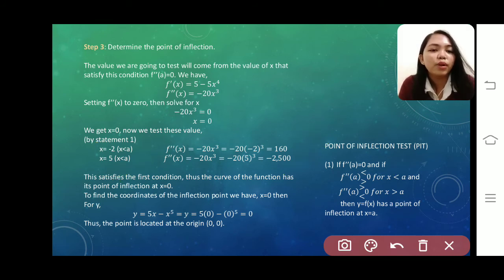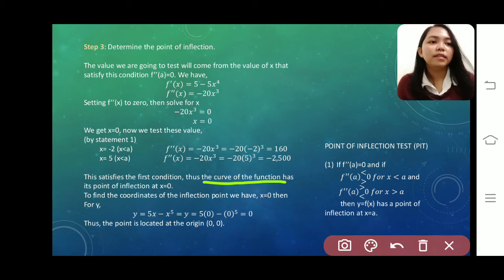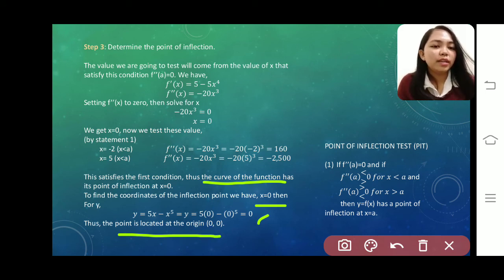Therefore, we can conclude that the curve of the function has its point of inflection at x equals 0. So, to find the coordinates of the point of inflection, we have x equals 0. So, substitute lang natin ulit dun sa original equation. We get y equals 0. Therefore, the point of inflection is located at the origin, which is 0, 0 yung coordinate niya.